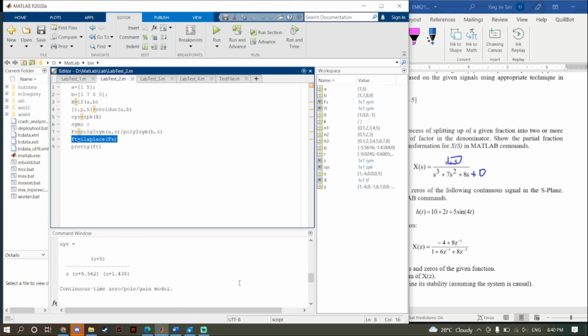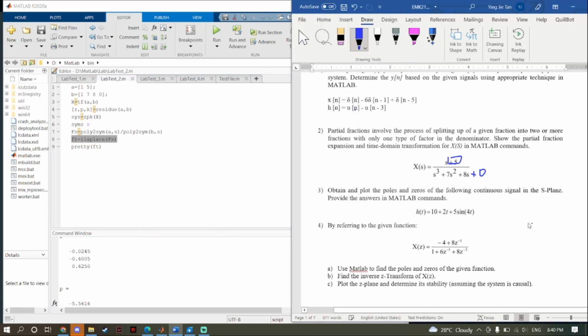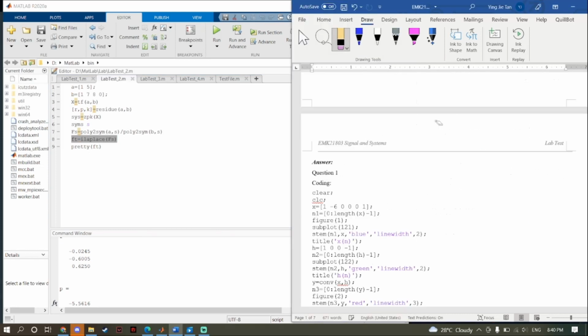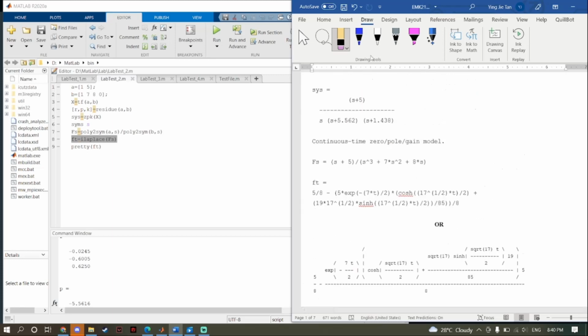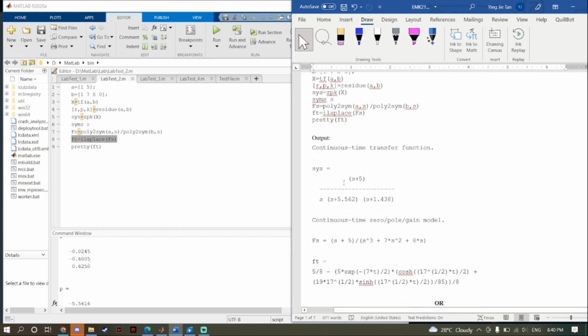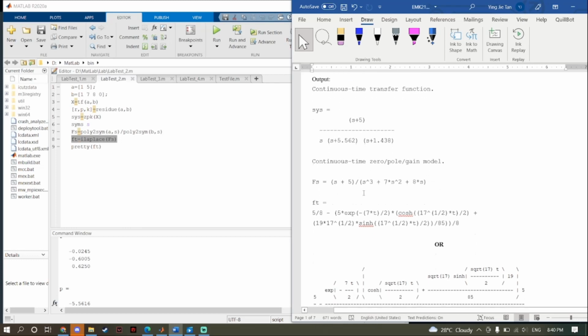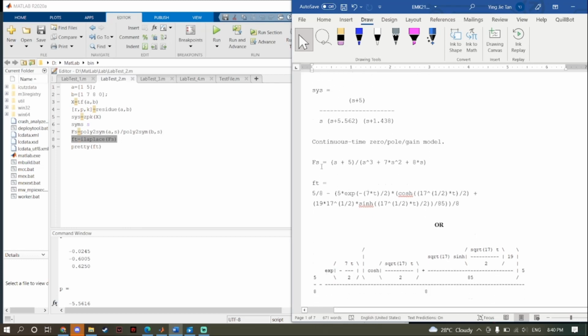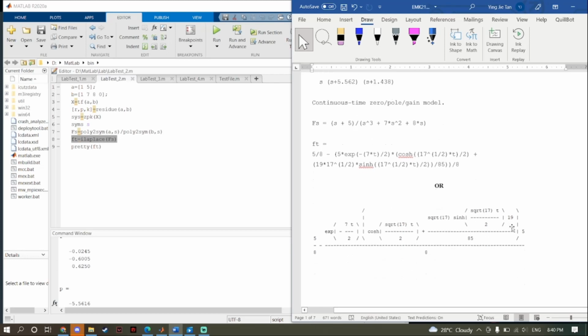Okay, so here's the output. I will show you in my Word, it will be clearer to see. Let's go to here. Okay, so you can see this is the output. We will get our Fs and also our partial fraction right here.